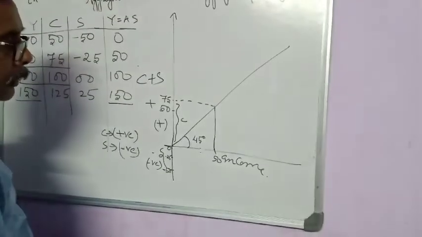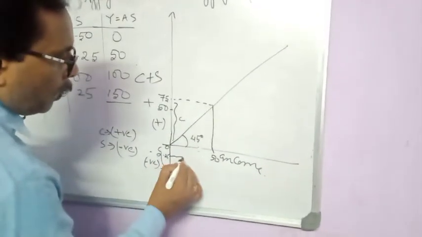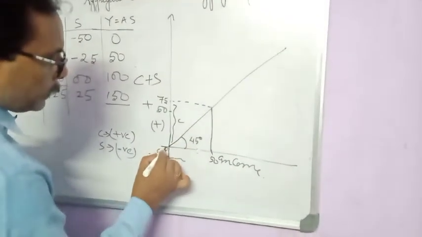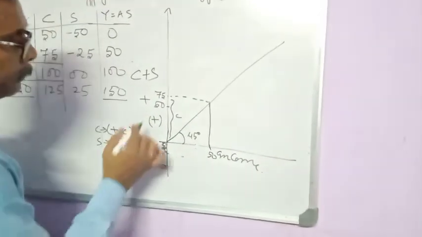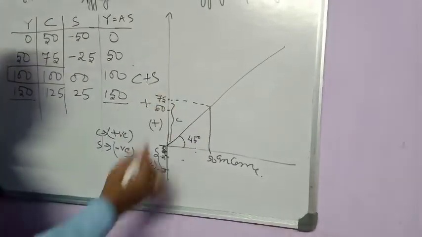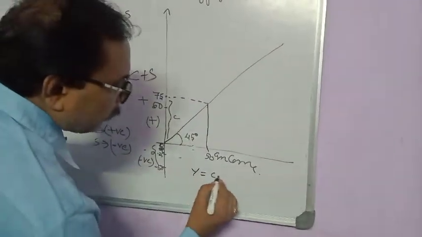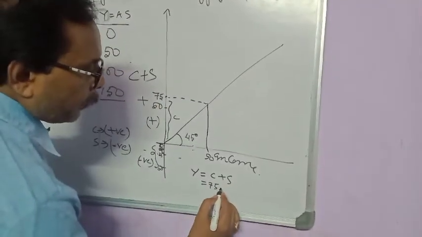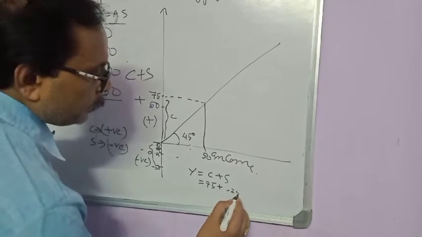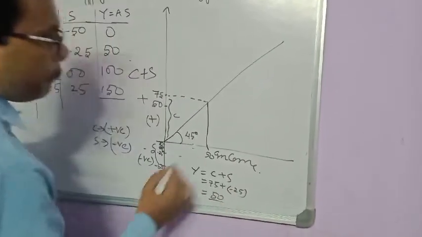Clear? So what will happen? This much amount vertically is negative and this much amount is positive. So Y is equal to, sir, C plus S, and C is 75, whereas S is minus 25. So again the income will become 50.